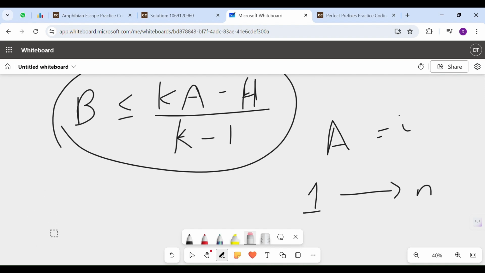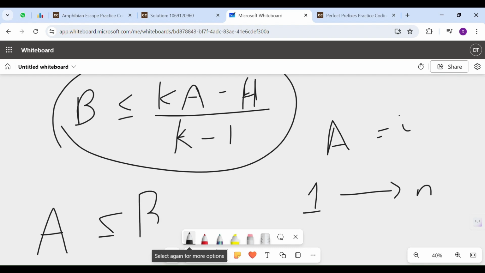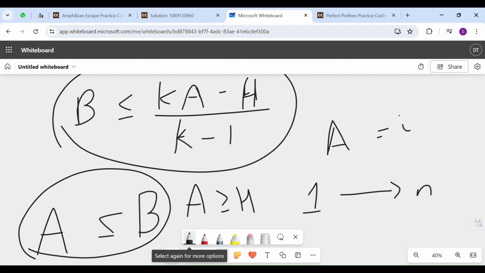So only one single jump of A will lead the frog out of the well. When A is less than or equal to B, it does not move from the floor for all the K minus 1 operations. Just for the last operation, it will directly come out of the well.